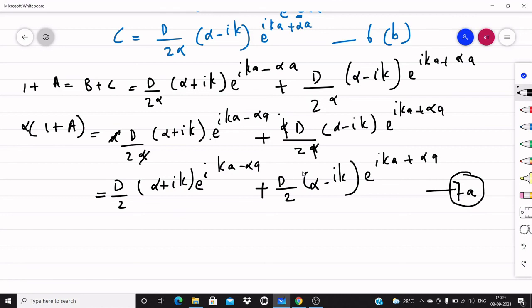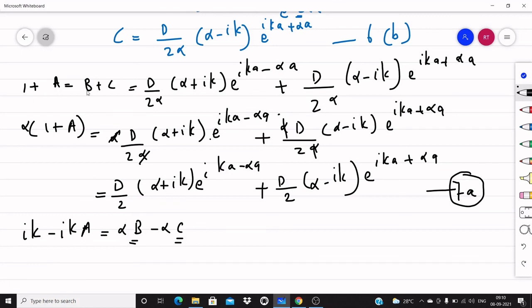Now in the derivative part, that is the equation ik minus ika is equal to alpha b minus alpha c. Again we are going to substitute b and c in this equation. If you remember, these two are the equations. This equation we got by applying the continuity equation at x equal to 0, and this is the same case with the differential at x equal to 0.